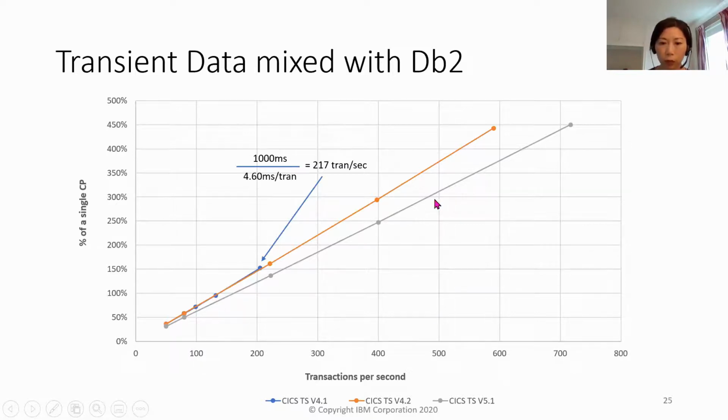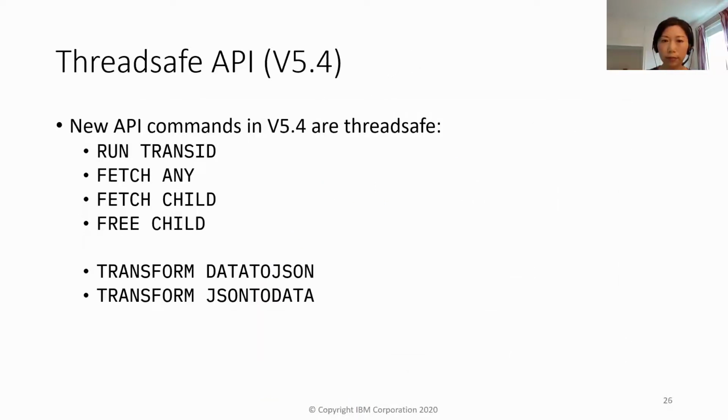Then for 4.2 and 5.1, where we have thread safety, the majority of the time is not running on the QRTCB, so the limitation on transactions per second is not there. And 5.1 uses slightly less CPU because the TCP switches were much fewer. Okay, so that shows you the benefit of making applications thread safe.